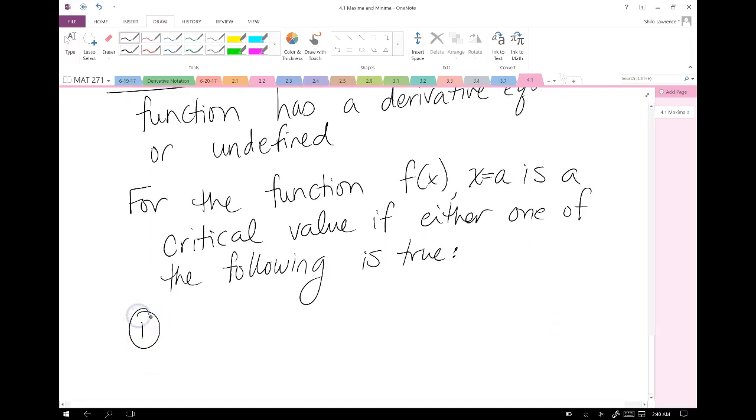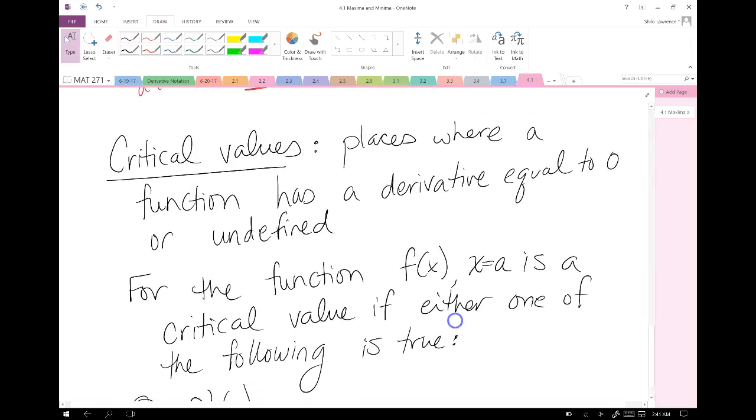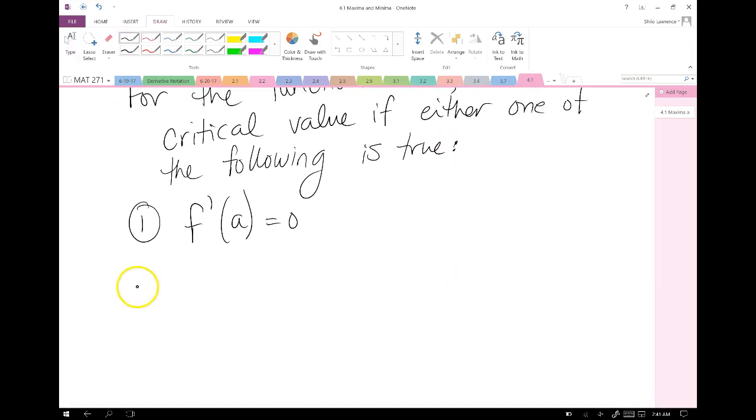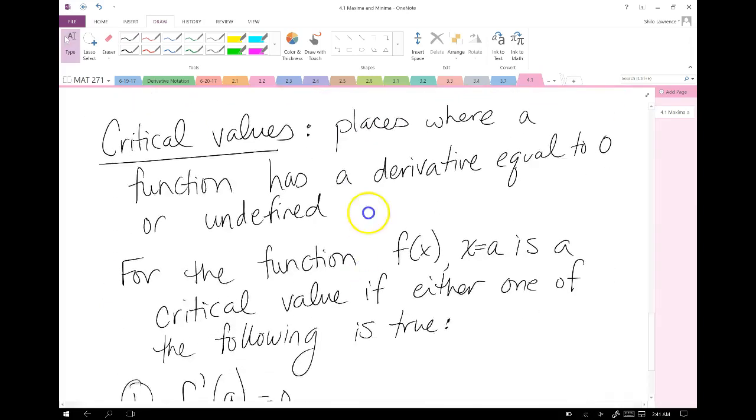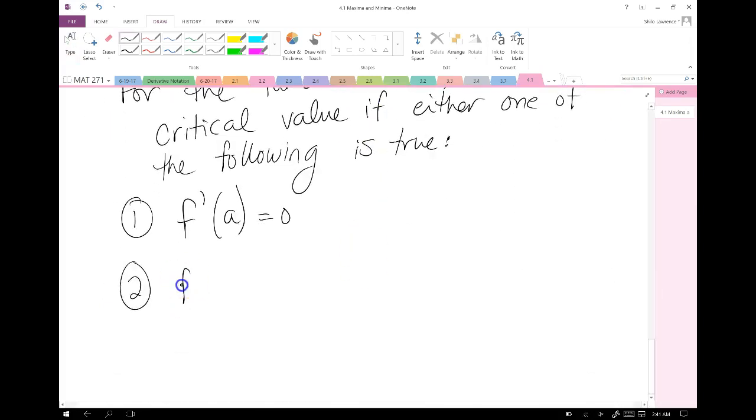So what our English definition just said is either f prime of a equals 0. So it's either where the function has a derivative equal to 0, or where the derivative is undefined. So f prime of a is undefined.